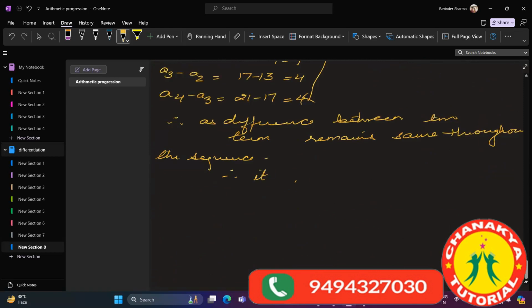Therefore, it is an AP. Now it is an AP, and the common difference you have already calculated. Your common difference will be equal to d, which is 4. Understood, beta? How you will check?